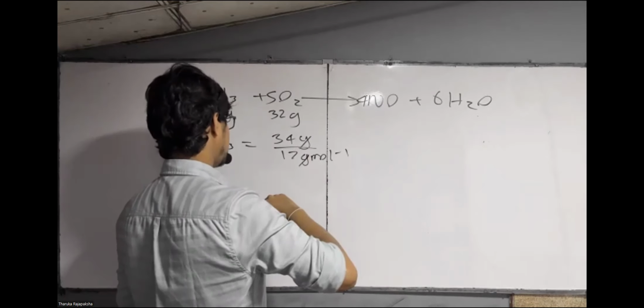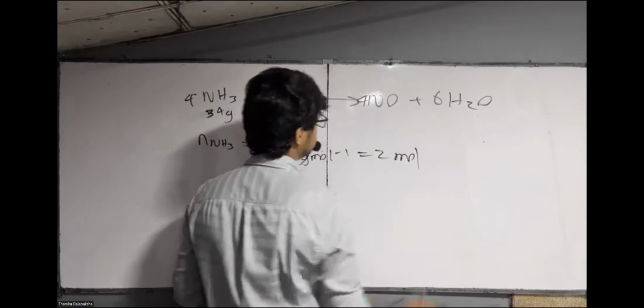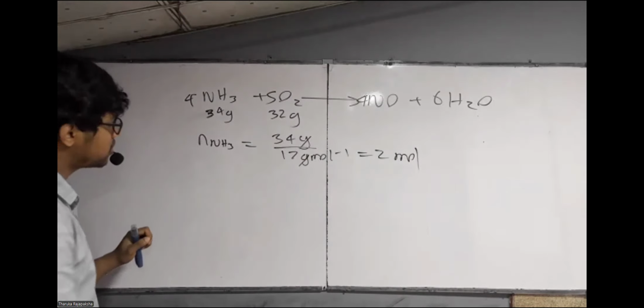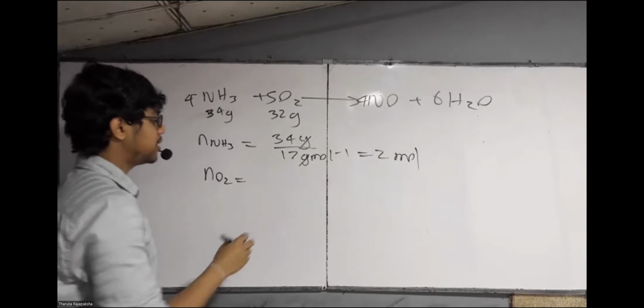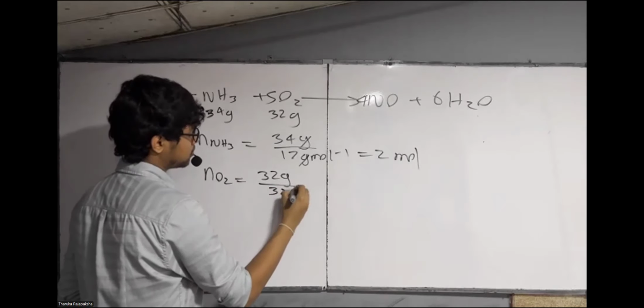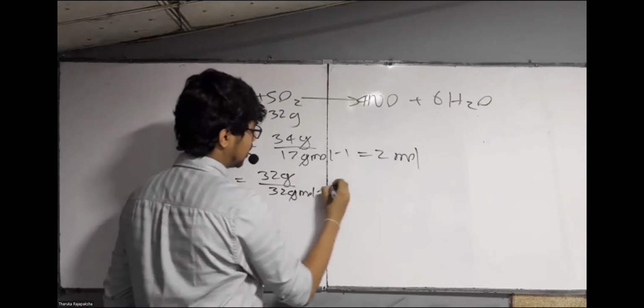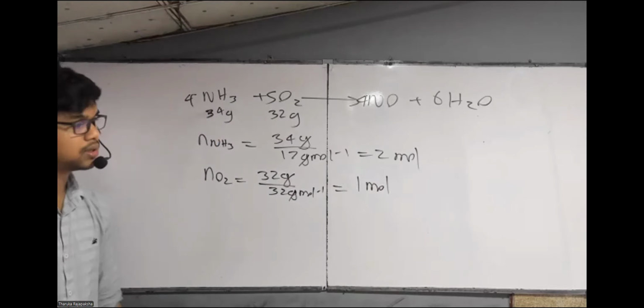That's going to be 2 moles. Number of moles of oxygen will be how much? 32 grams divided by 32 grams per mole. Grams cancel, it will become 1 mole. So 2 moles and 1 mole.